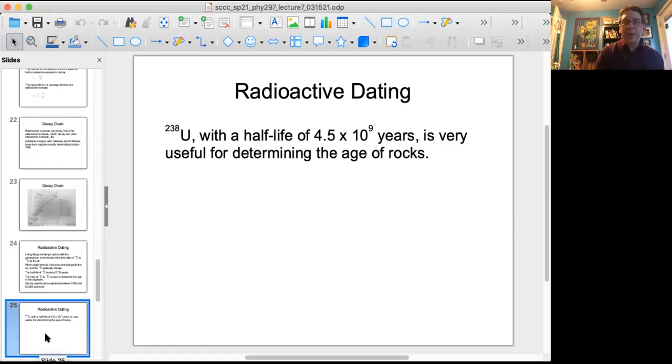If the rock contains some uranium, you can figure out what time in the Earth's history that rock was formed from the ratio of the uranium to the amount of lead that it has. So you can look at the different steps that are involved from that.